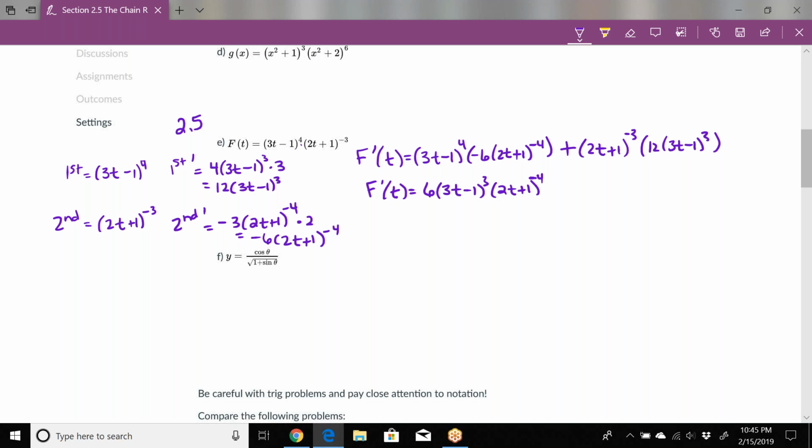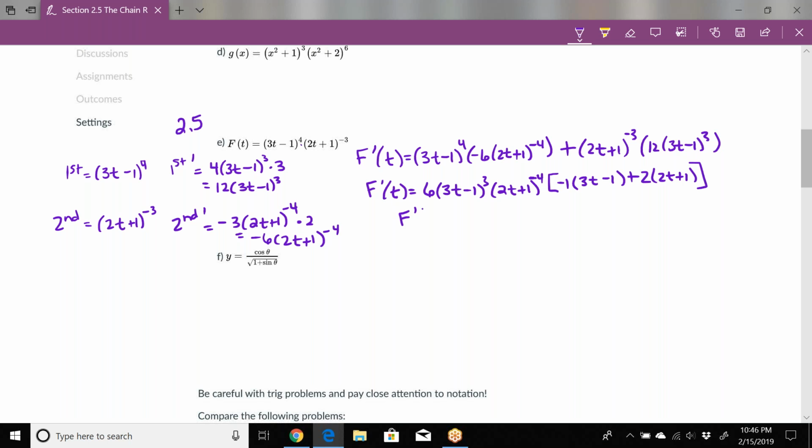When you do -3 minus a -4, because when you divide two things that are the same base but have exponents, you subtract those exponents. That makes -3 plus 4, which ends up being a 1, so it works out nicely. So then this would leave me with just a -1, because I didn't pull out the negative sign there. And then I would have (3t - 1) to the first power, plus 12 divided by 6 is 2, and I would still have (2t + 1) to the first power.